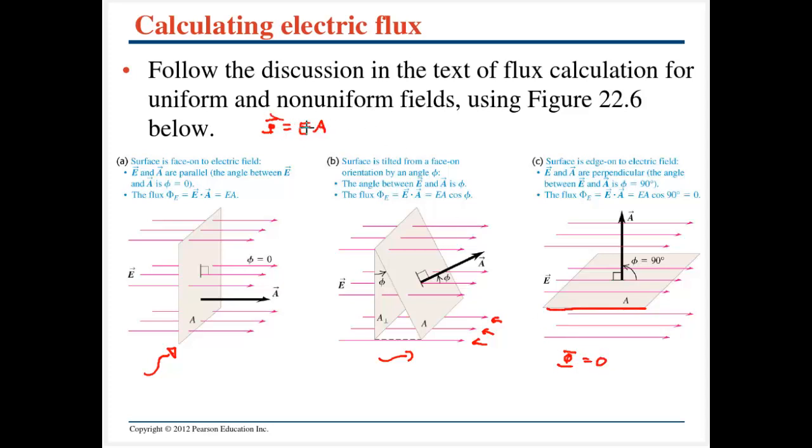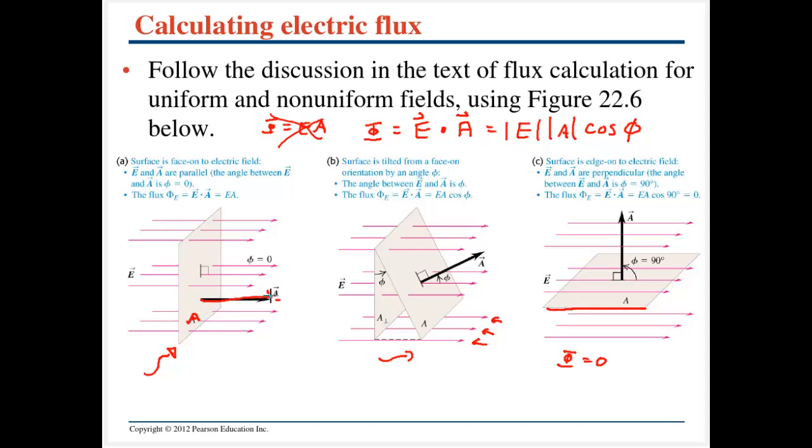So it turns out that this is not valid all the time. There's going to be a dot product involved. Just a reminder, the flux is going to be the electric field dotted with the area vector, and as a reminder, that's going to be the magnitude of the electric field multiplied by the magnitude of the area multiplied by the cosine of the angle phi between them. The area vector has a normal vector associated with it that's perpendicular to the surface area, kind of shown here.